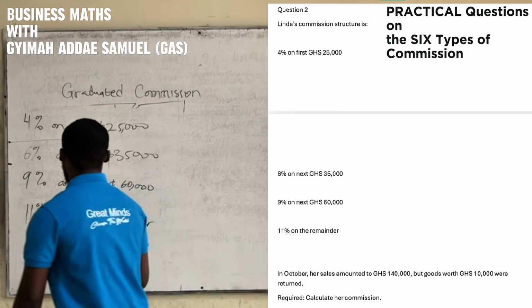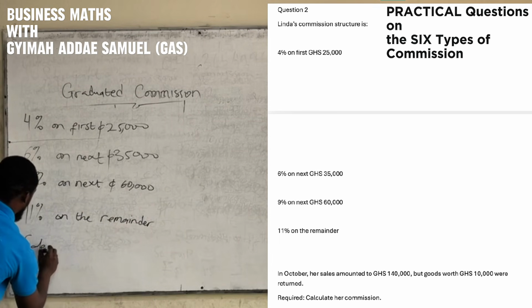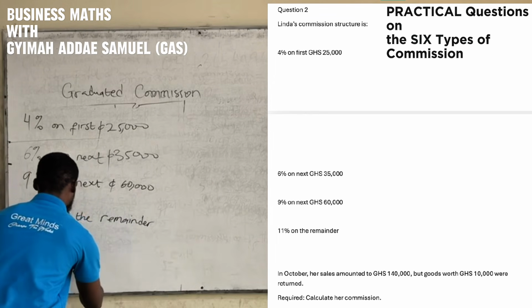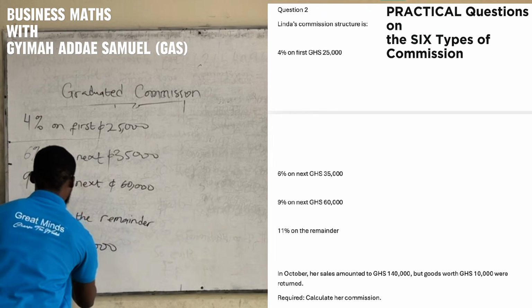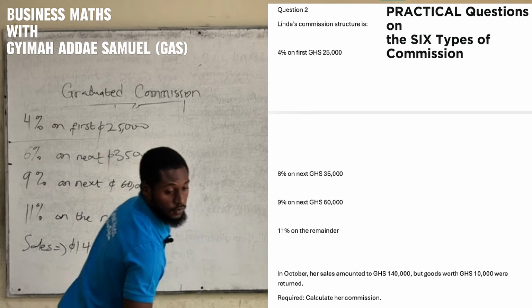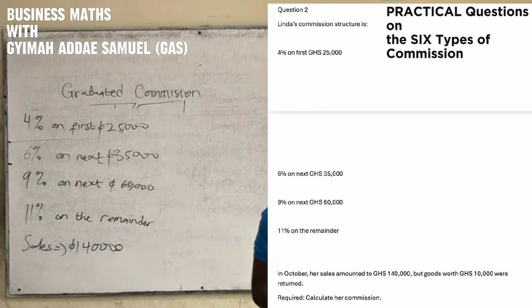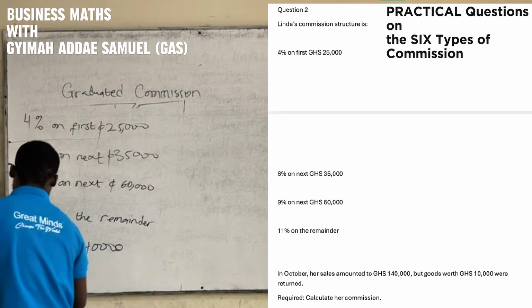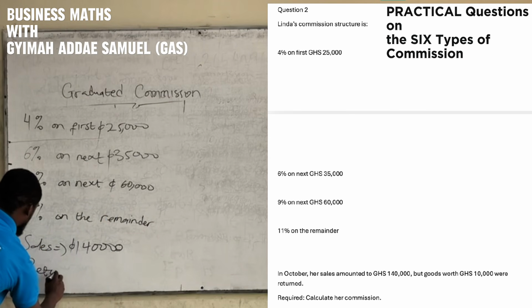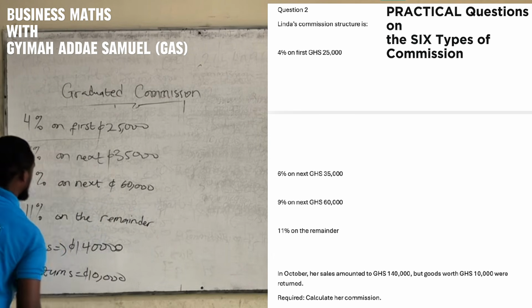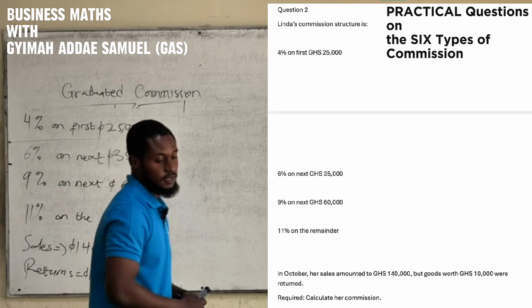So sales 140,000 Ghana cedis, but goods worth 10,000 were returned. So returns is 10,000 Ghana cedis.